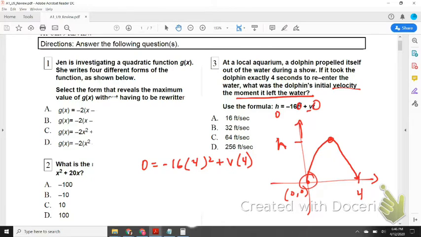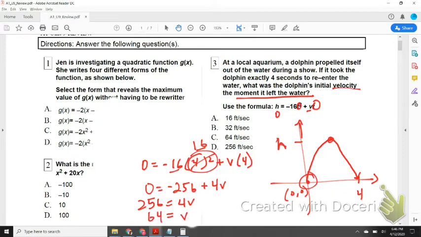Okay, so we're going to solve this. Again, we're going to do 4 squared, which is 16. Negative 16 times 16 is a negative 256, plus 4v. V times 4 is 4v, right? And then we're going to subtract 256 on both sides. We're going to get 256 equals 4v. Divide both sides by 4, and you get 64 is your velocity.